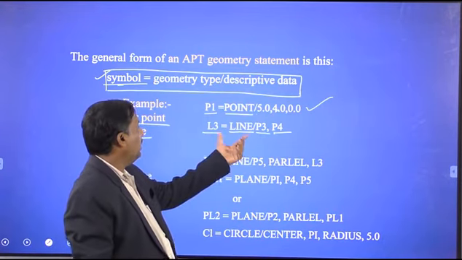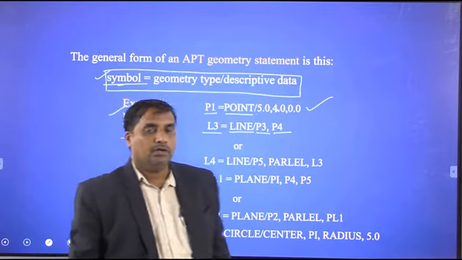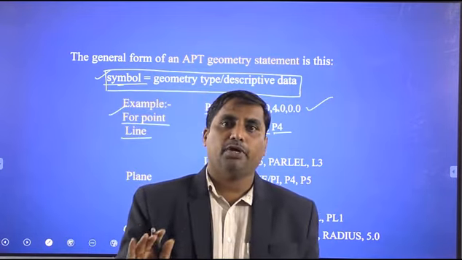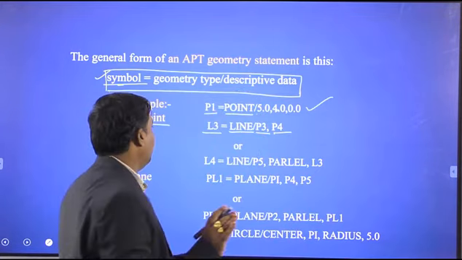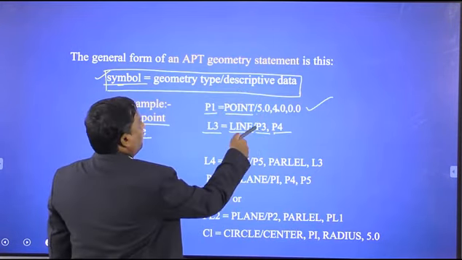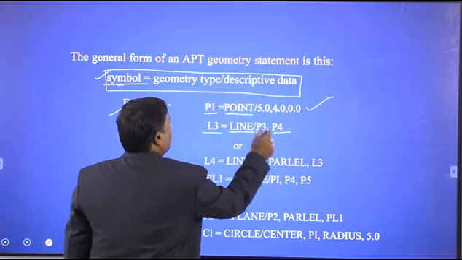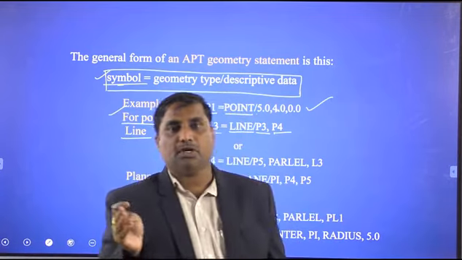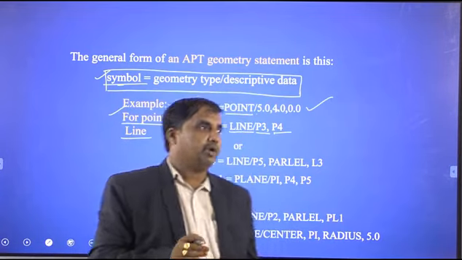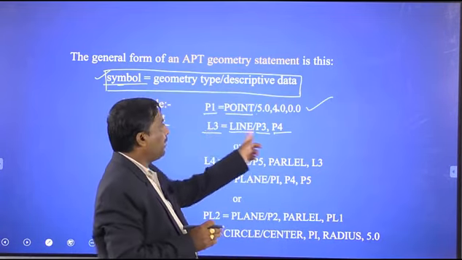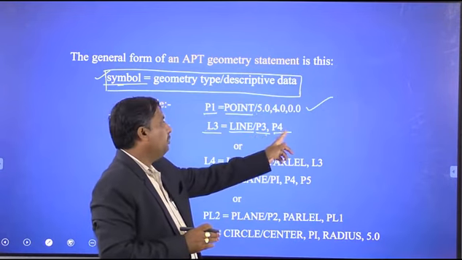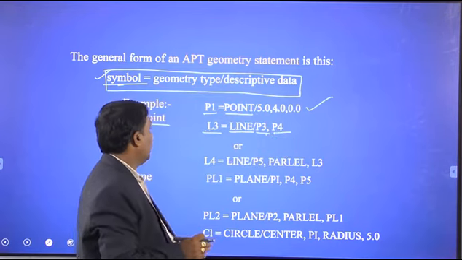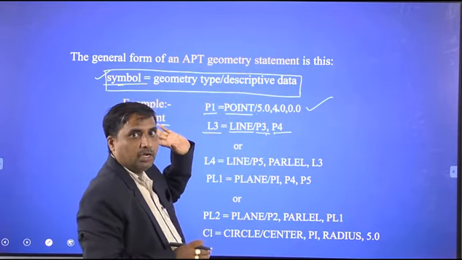That means here I am defining a line by using two endpoints. One endpoint is P3, the other endpoint is P4. Before writing this statement, we have to define P3 and P4 above this L3. Once you define P3 and P4, we can define the line L3 passing through P3 and P4 as endpoints. This is one way of defining the line.